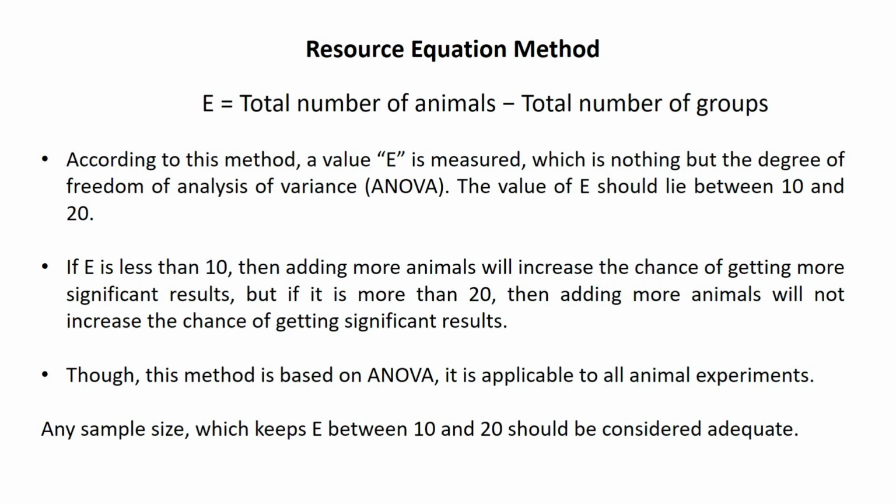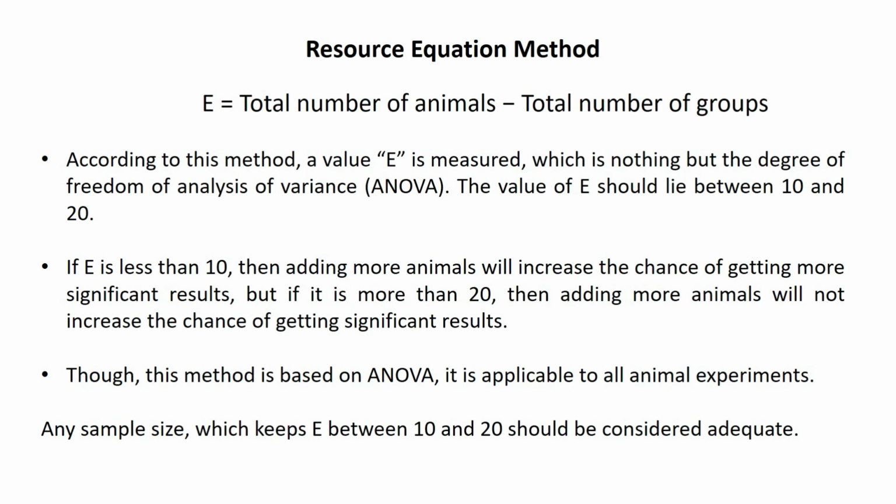It means the number of animals we use in the animal study should be between 10 to 20 only. Though this method is based on ANOVA, it is applicable to all animal experiments. Any sample size which gives E between 10 to 20 should be considered adequate.